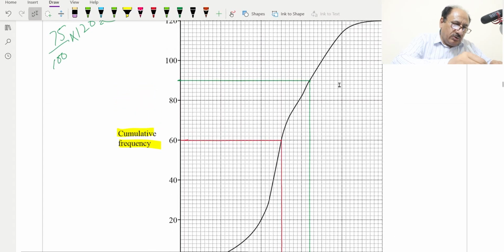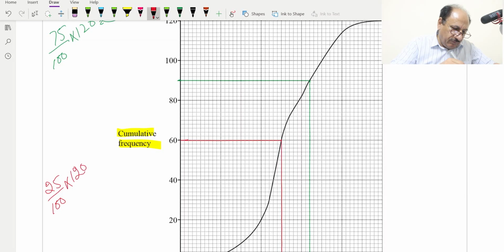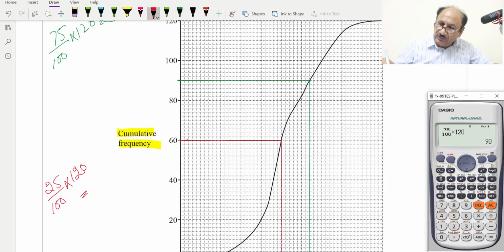Now we can check the lower quartile. To calculate the lower quartile value, we calculate the 25th percentile. The 25th percentile of 120 will be 25% of 120, which is equal to 30.